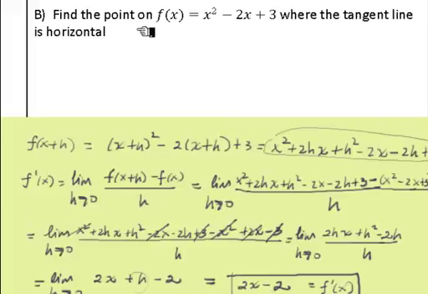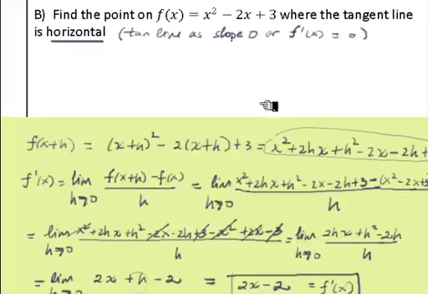In part B, we want to find the point on f of x where the tangent line is horizontal. Okay, so that means tangent line horizontal, tangent line has slope 0, or that's the same thing as derivative is equal to 0.